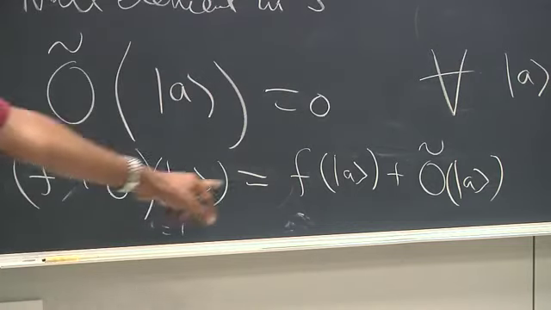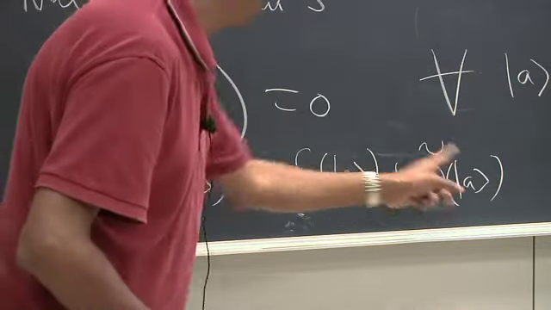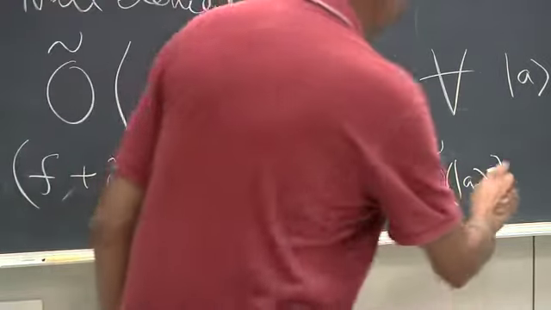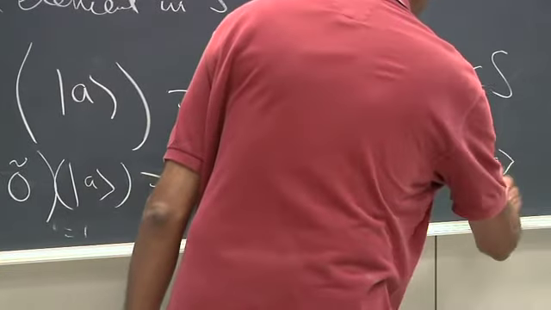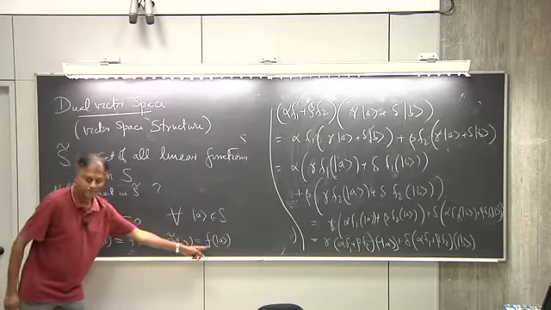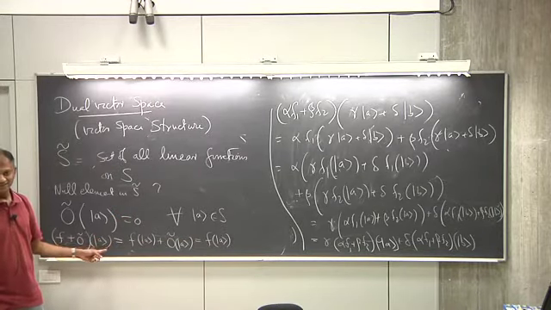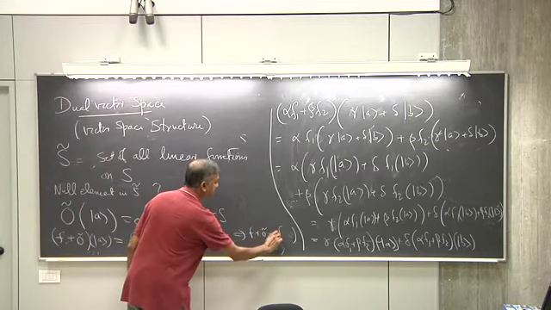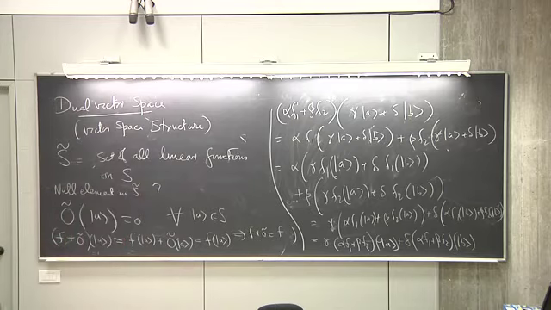But 0 tilde acting on A is 0, for any A. Therefore, this is the same as f of A. So that tells you f plus 0 tilde is the same as f, because this is true for every A. That was the definition of null vector, right? To take any vector and add to that the null vector, you get back the same original vector. So this is indeed what you find.